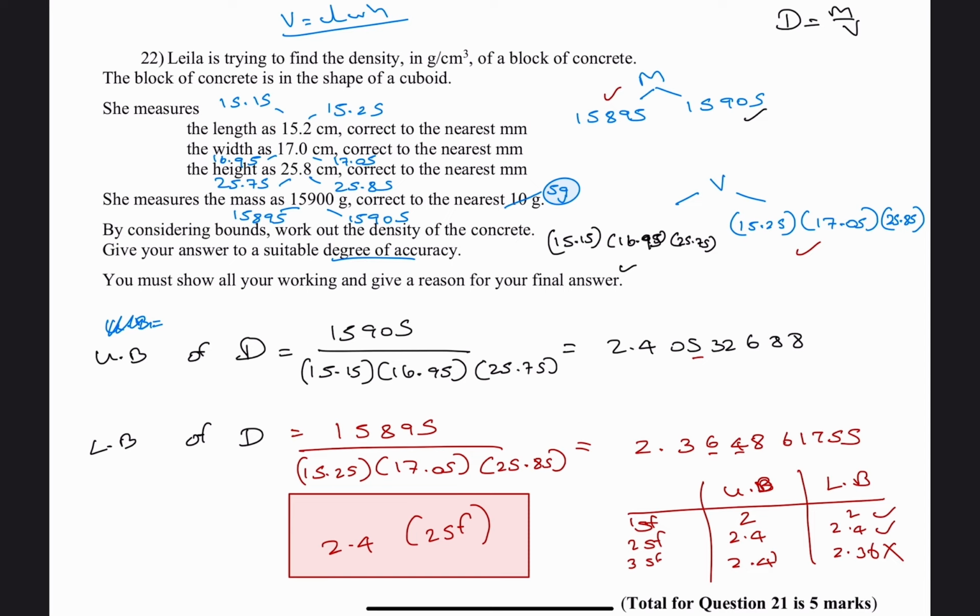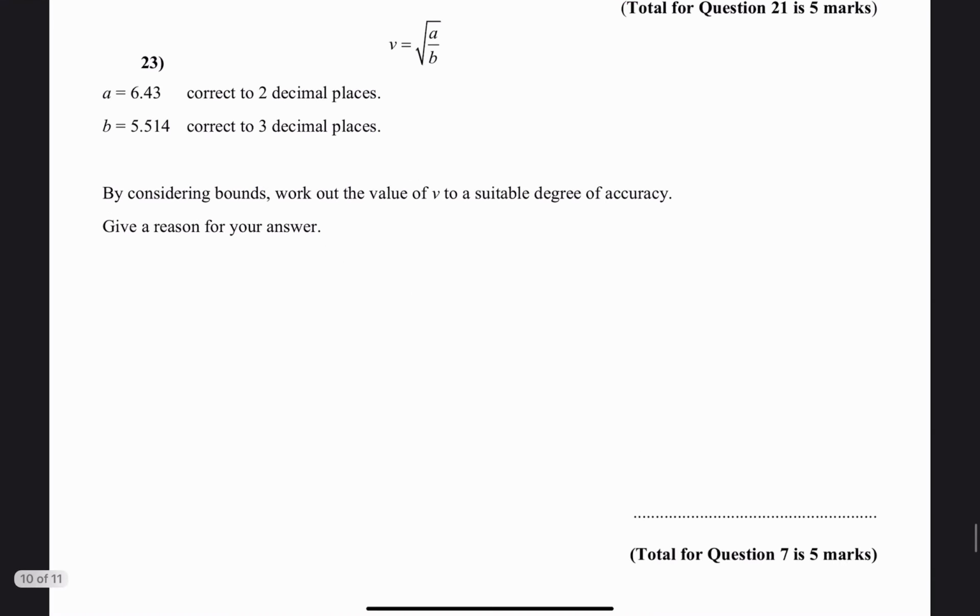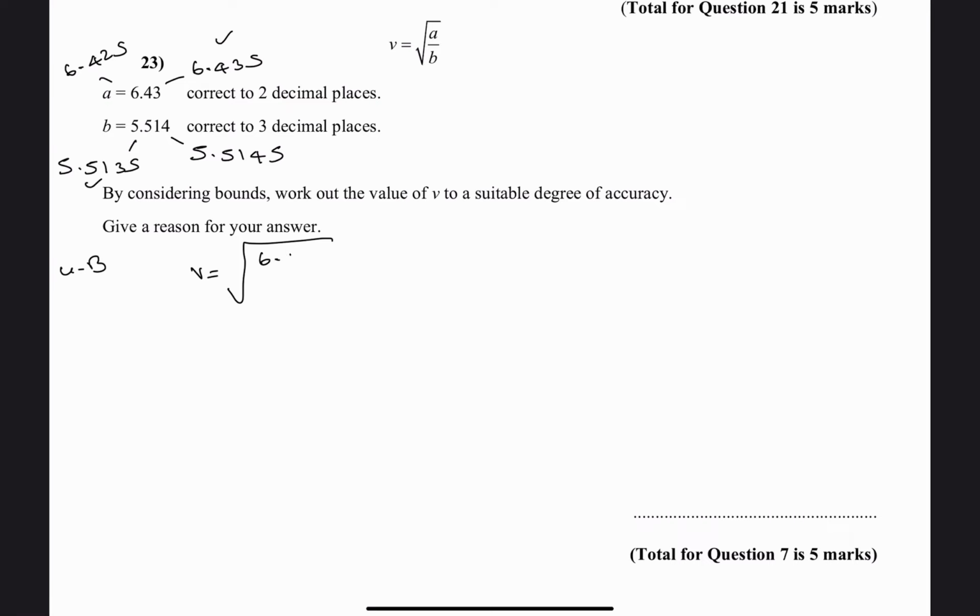Moving on. Last question, 23. Now, upper bound, lower bound, 6.435, 6.425, 5.5145, 5.5135. V is equal to the square root of, remember, I need an upper bound of V. So upper bound divide lower bound, 6.435 divided by 5.5135.